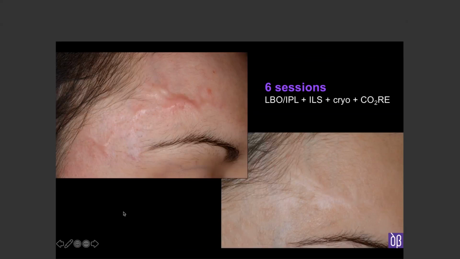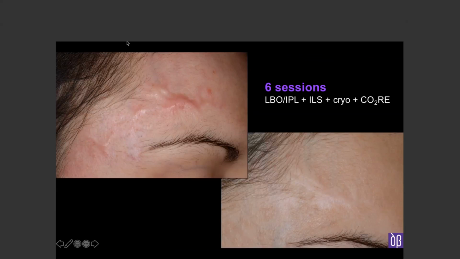This is an example of a combination of treatments after a burn scarring. This patient attended our clinic 6 months after the burn scarring. Okay, so this is the before-after pictures.